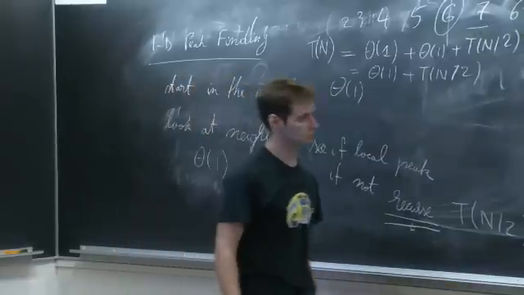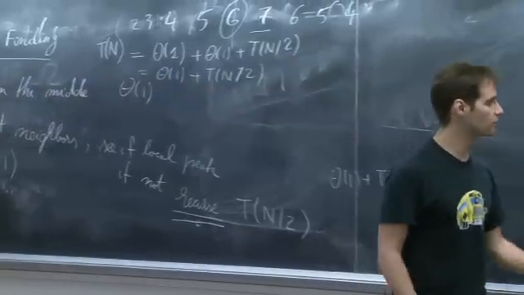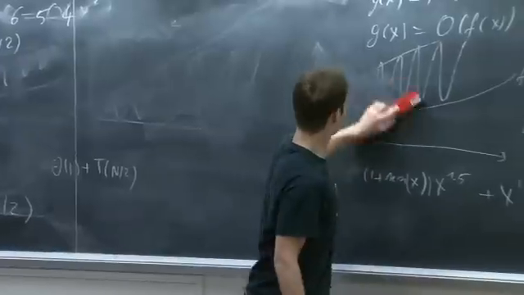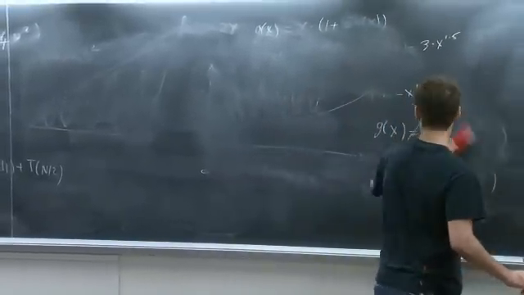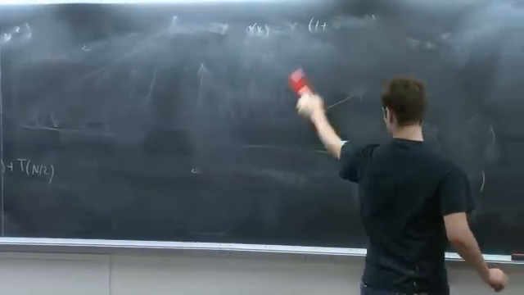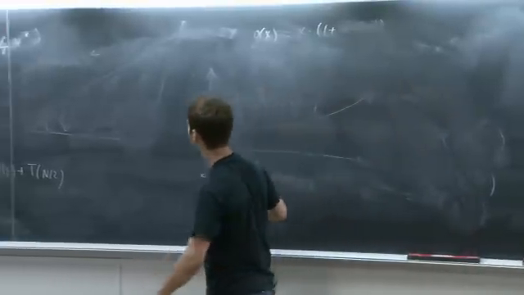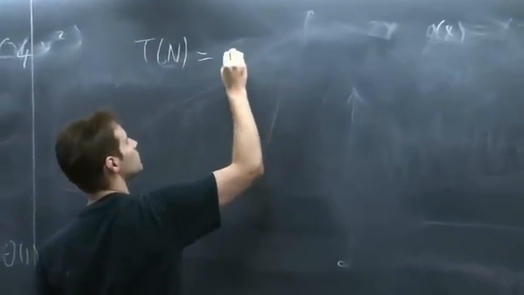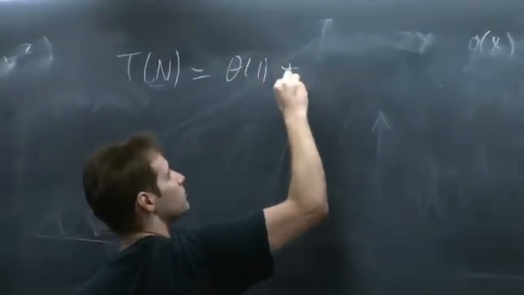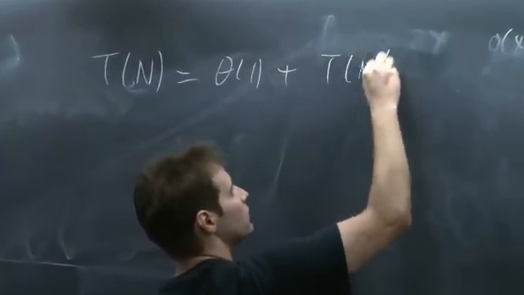Let's solve it. We sort of glossed over that in lectures, so we're going to do it now. So T of n equals theta of 1 plus T of n over 2.